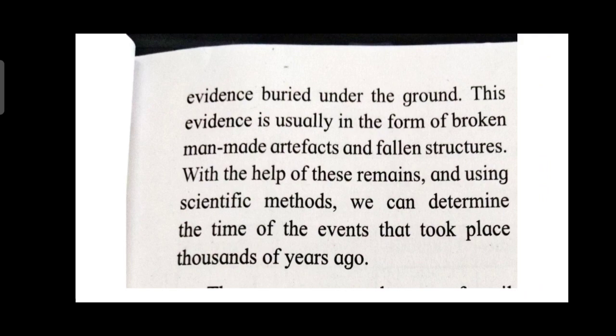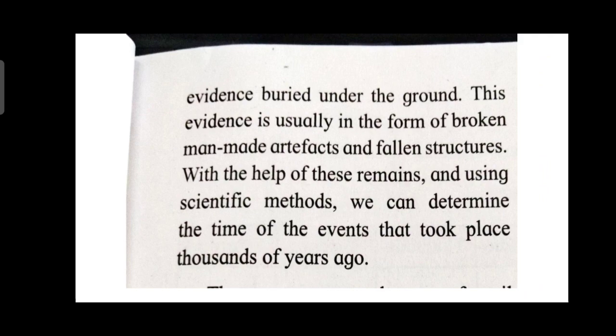So children, whatever incidents occurred before the Common Era, we should have information about them. But how will we get this information? To obtain it, people use certain evidence which is buried under the ground.